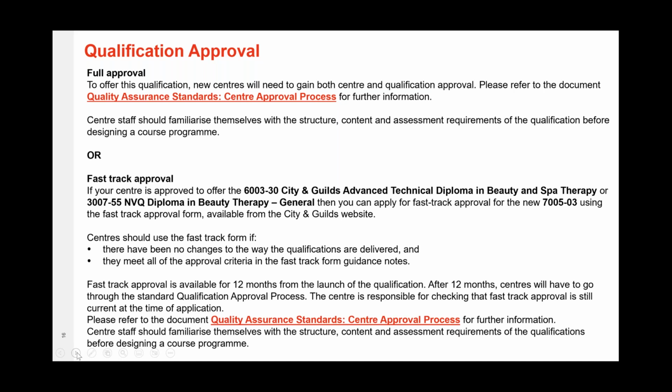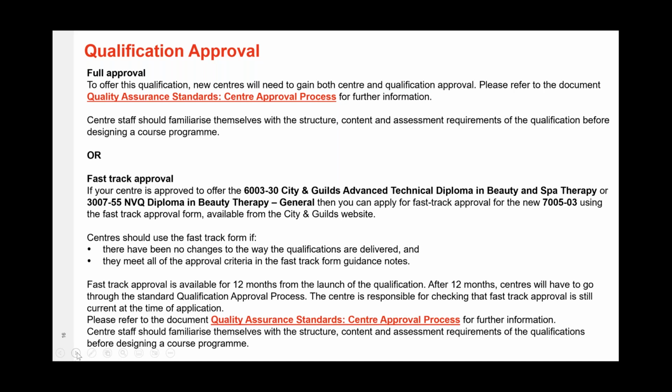And I have put a link here to show you the quality assurance standards and centre approval processes. But I would imagine that most of you have delivered either 6003 or 3007, which means that you can go for a fast track approval for this qualification. You can find the fast track approval under 7005, that is sat there waiting for you.